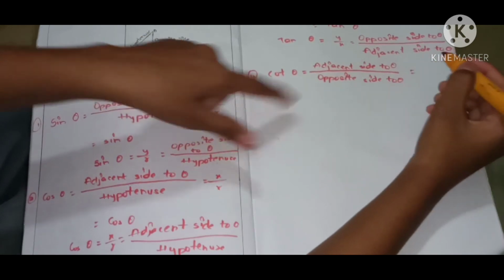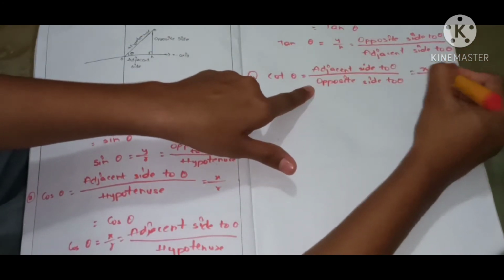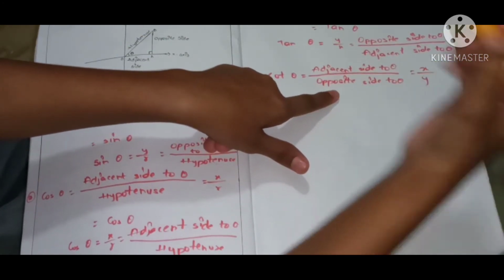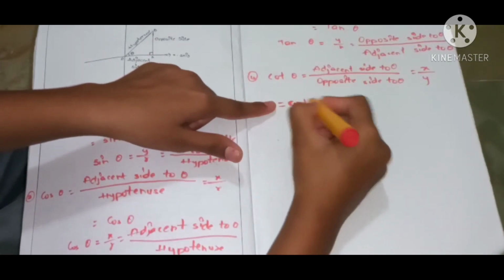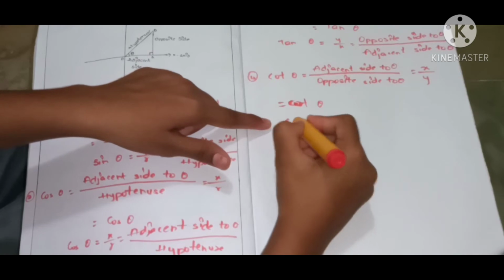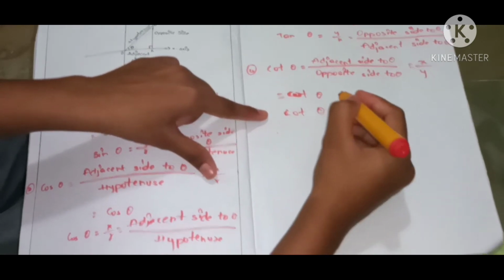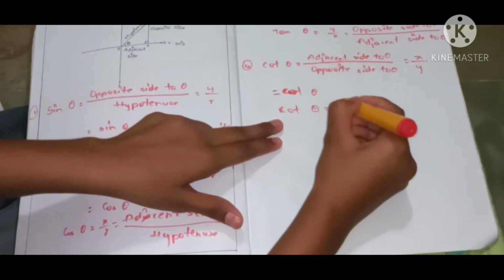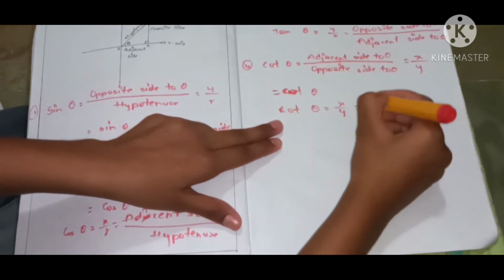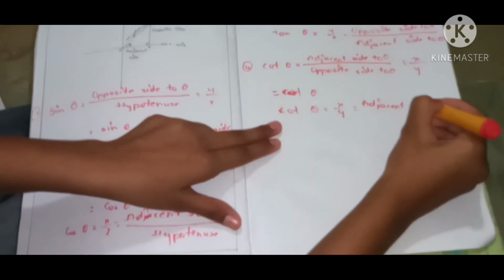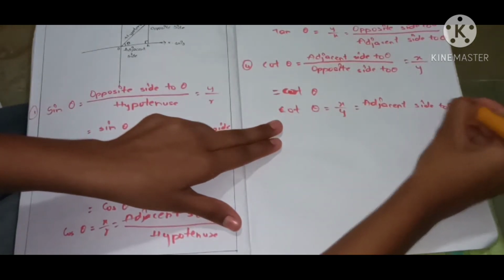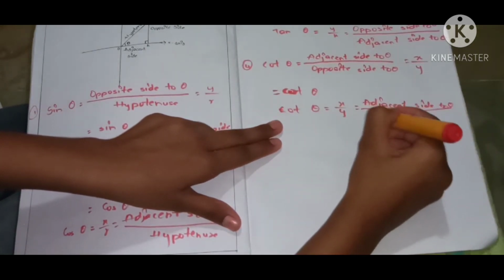Adjacent side to theta is x, opposite side to theta is y. So cot theta equal to x by y. X is adjacent side to theta, by opposite side to theta.